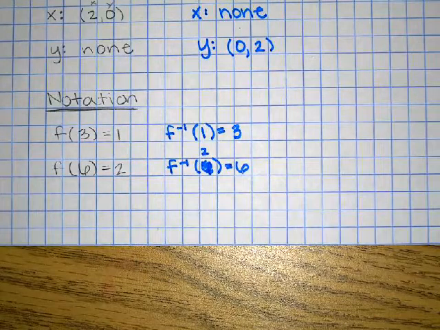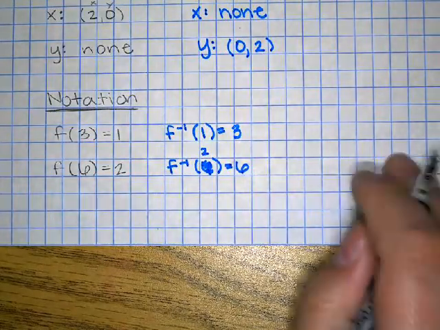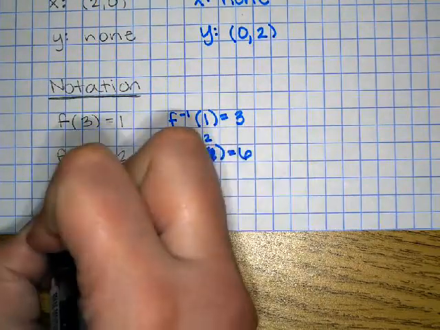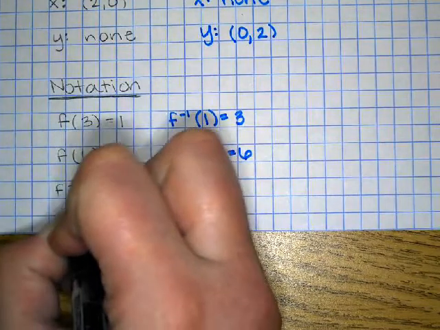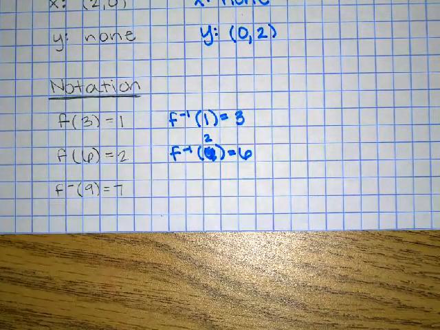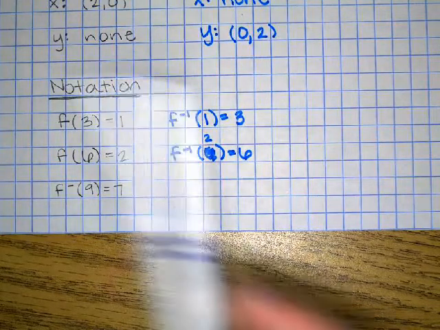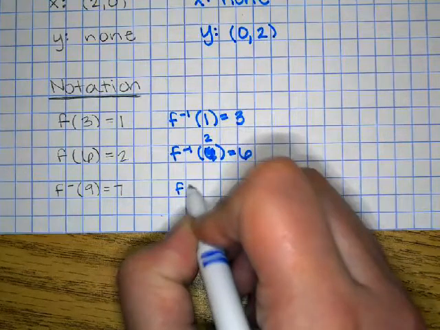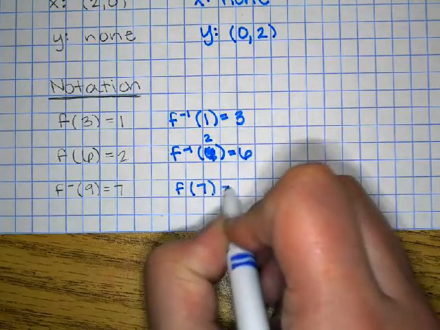If I told you f inverse of 9 is 7, what could you tell me? F of 7 is 9.